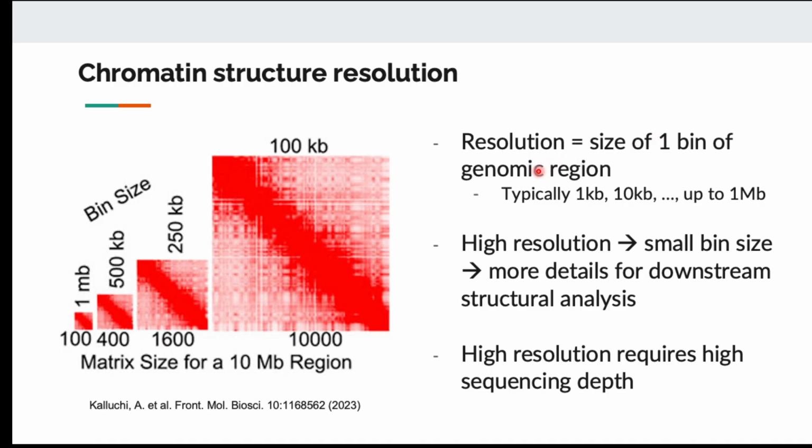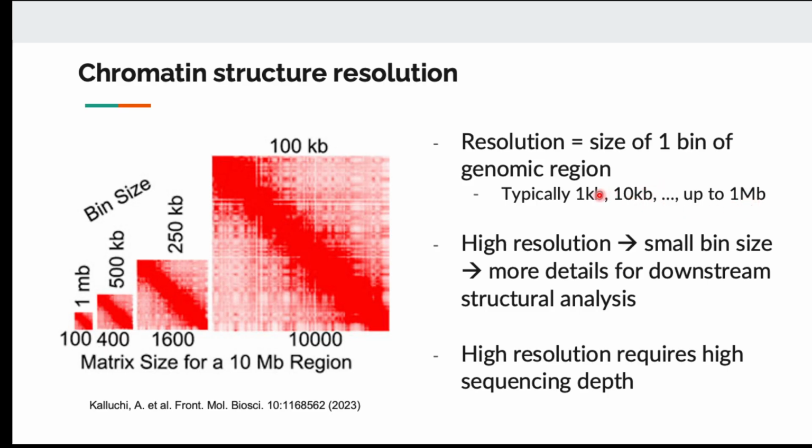Imagine that when you map reads to genomic positions, and you want to say that 2 genomic positions are near or far away from each other, because the reads span multiple nucleotides, you can think of a unit of interaction as being multiple nucleotides. So usually people will use 1,000 bases, 10,000 bases, or up to 1 megabase.